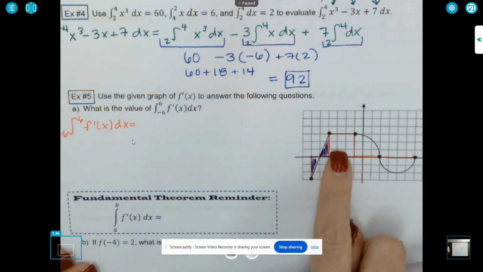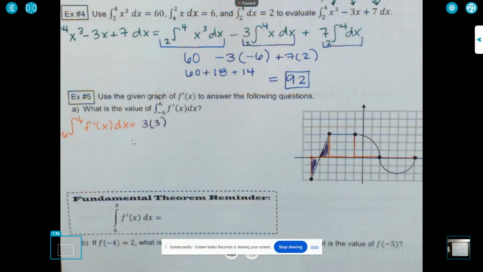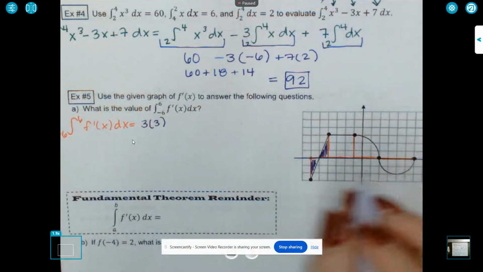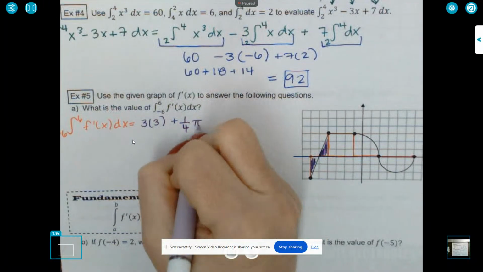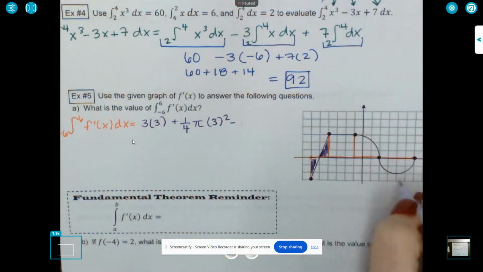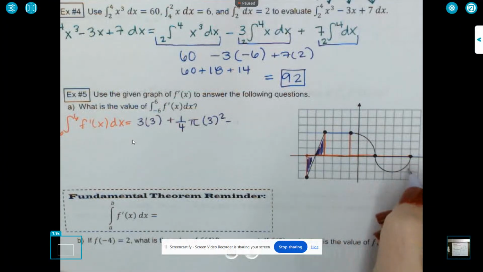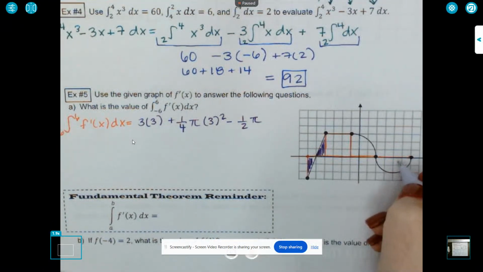All right, so now I'm in here. That's going to be 3 times 3. And then we have a quarter circle here. That's going to be plus 1/4 pi, and our r of this circle is 3, minus, because we're below, we got a half circle here, 1/2 pi, and our r is 2.